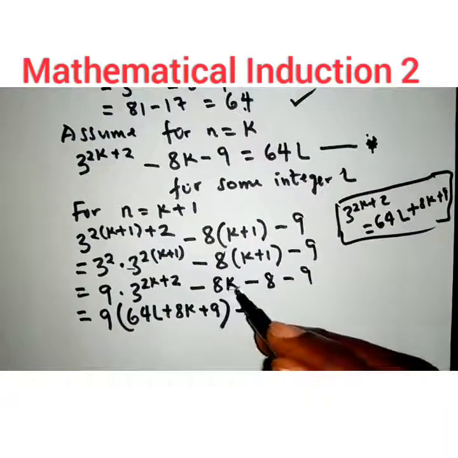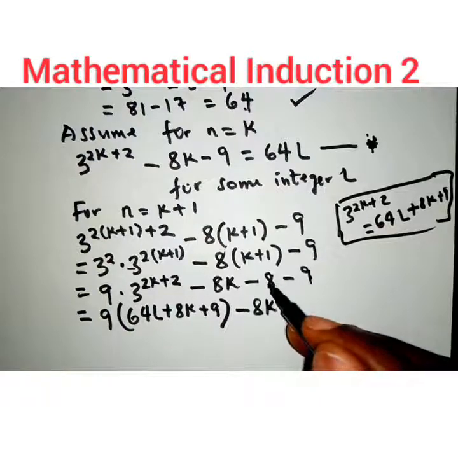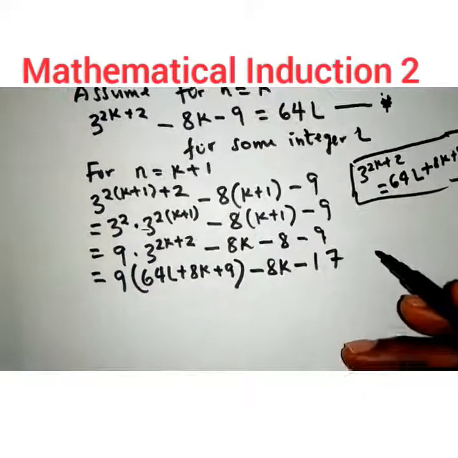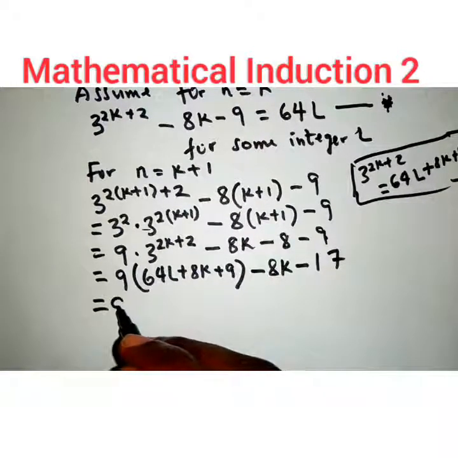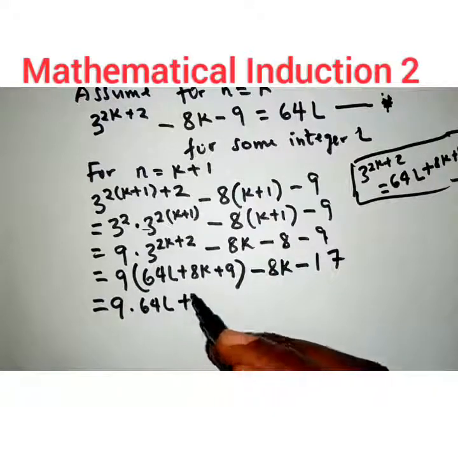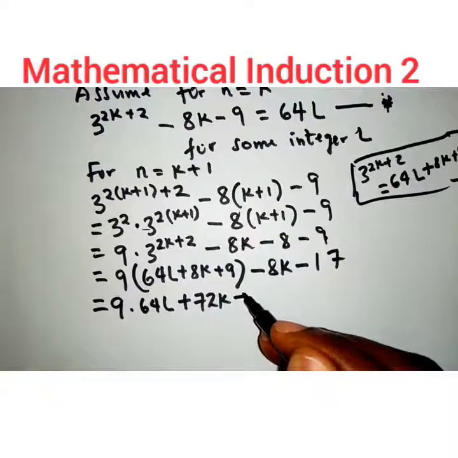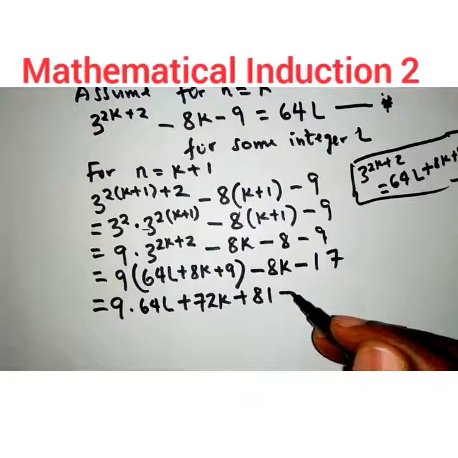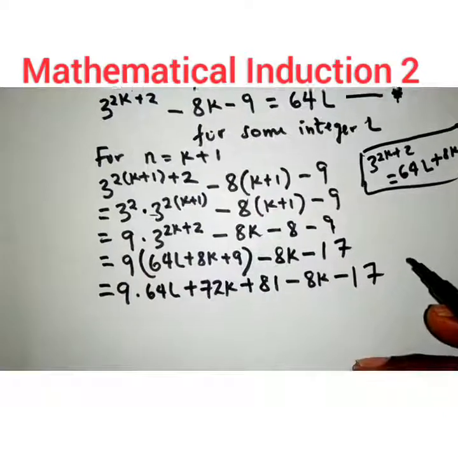Now minus 8k minus 8 minus 9 gives us minus 17. We can open up this bracket. We have 9 times 64L plus 9 times 8k, that's 72k, plus 9 times 9 gives us 81, minus 8k minus 17.